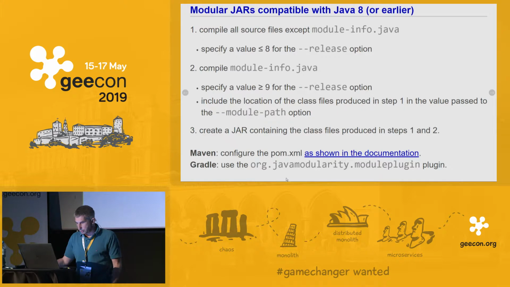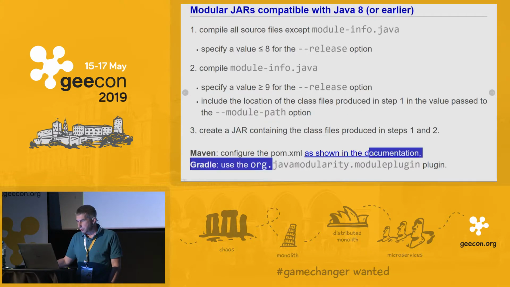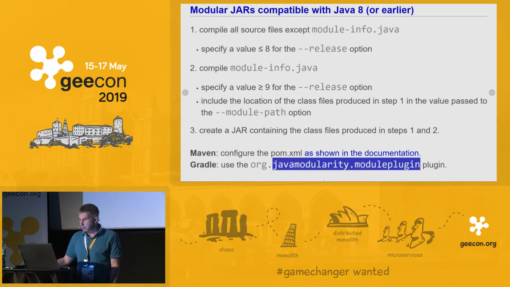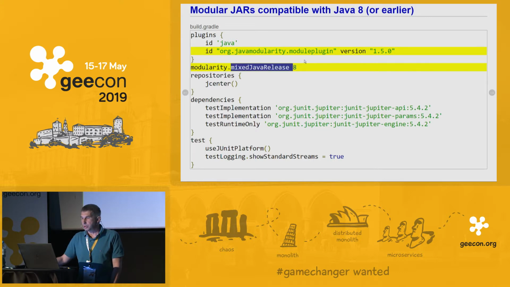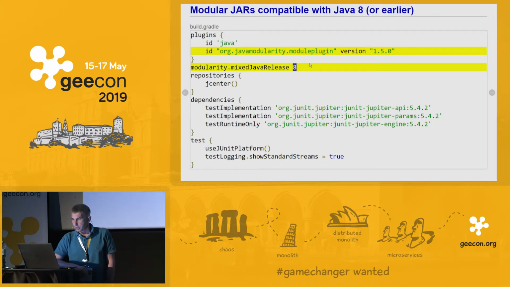For Gradle it is much simpler because we can use again this Java Modularity module plugin, and all we have to do is call the mixedJavaRelease method with an argument expressing the target Java version for our library.